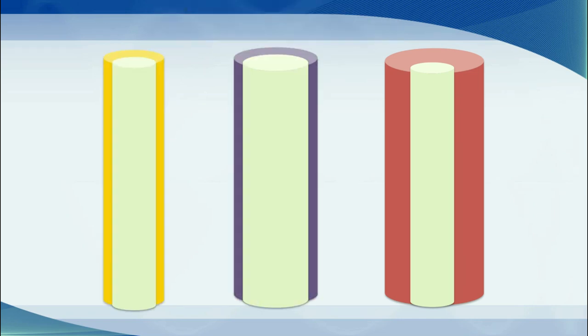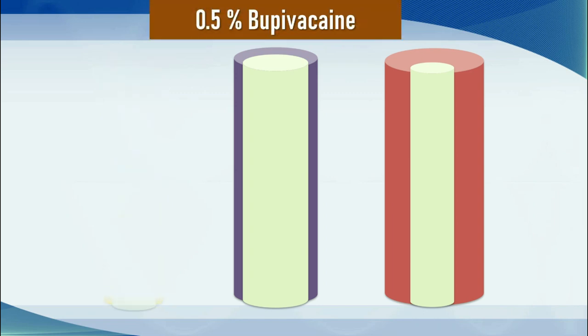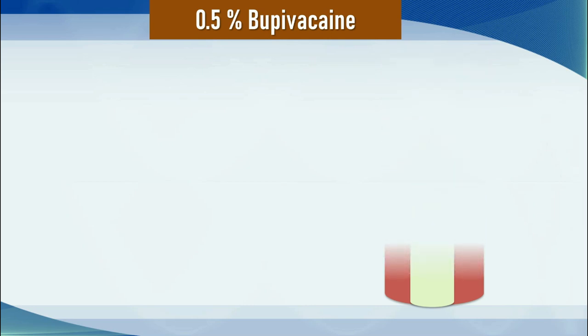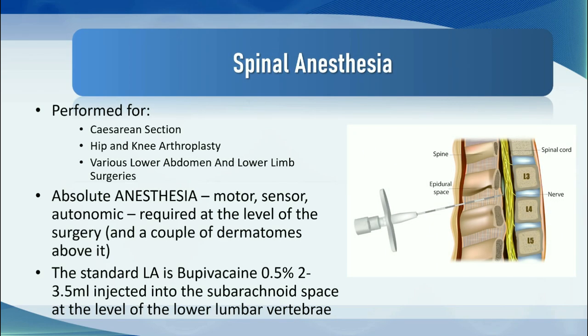In situations where absolute anesthesia is required, we will use full-strength 0.5% bupivacaine, and that will remove all sensation, motor, sensory, and autonomic. An example of such a situation is spinal anesthesia, where a very fine needle is passed into the subarachnoid space. We do this for cesarean section, hip or knee arthroplasty, and various lower abdominal and lower limb surgeries.